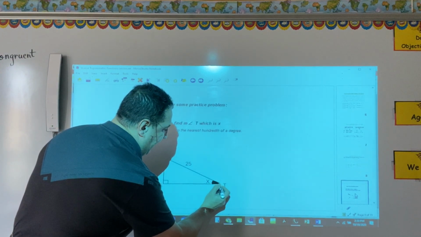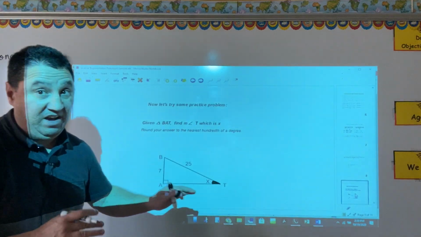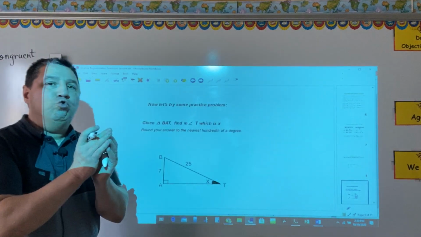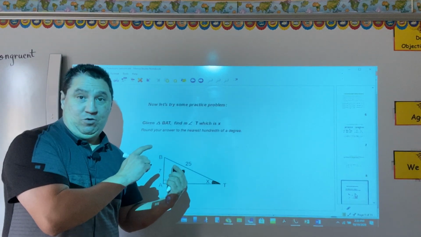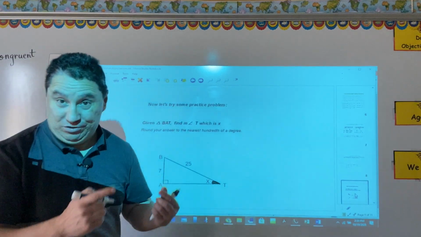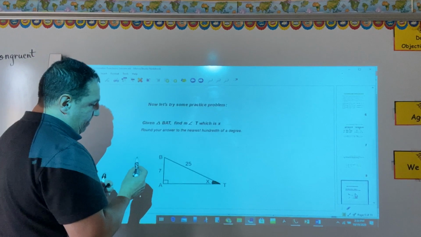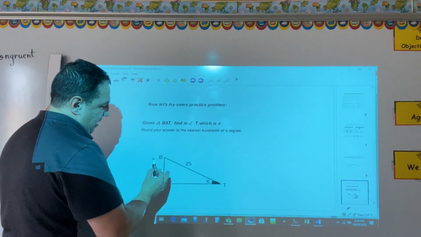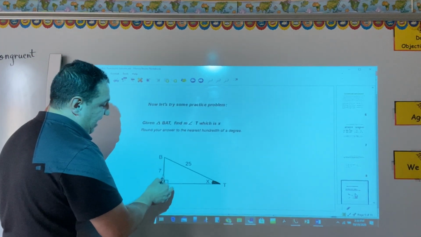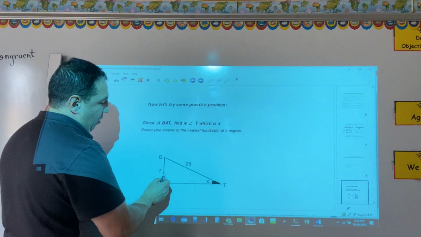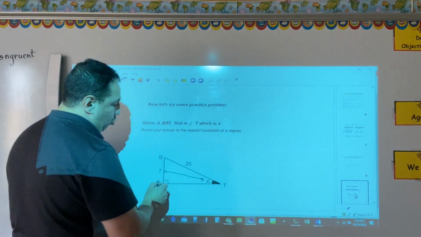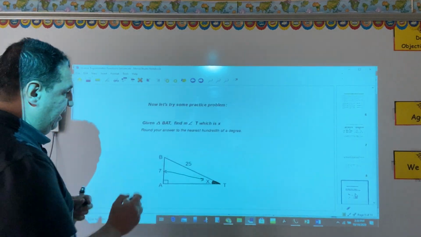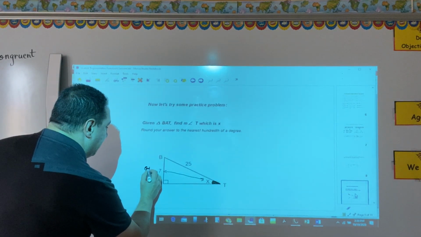Before finding the measure of angle X, we have to identify what trigonometric function or ratio we use, right? Because 7, this side, is given, we know this side is opposite to angle X, so we say opposite.